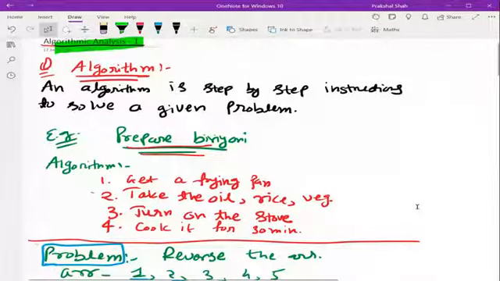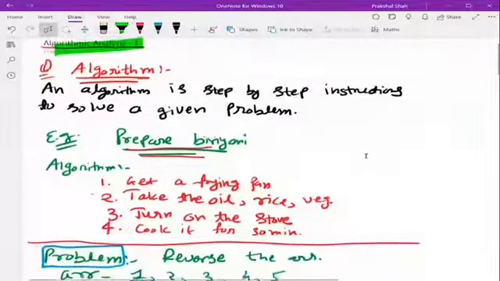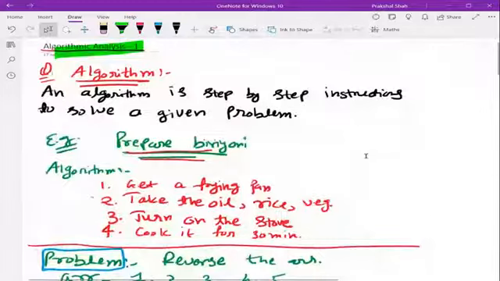Can you see the screen of OneNote? Okay. So guys, yesterday our topic was algorithmic analysis, part 1.